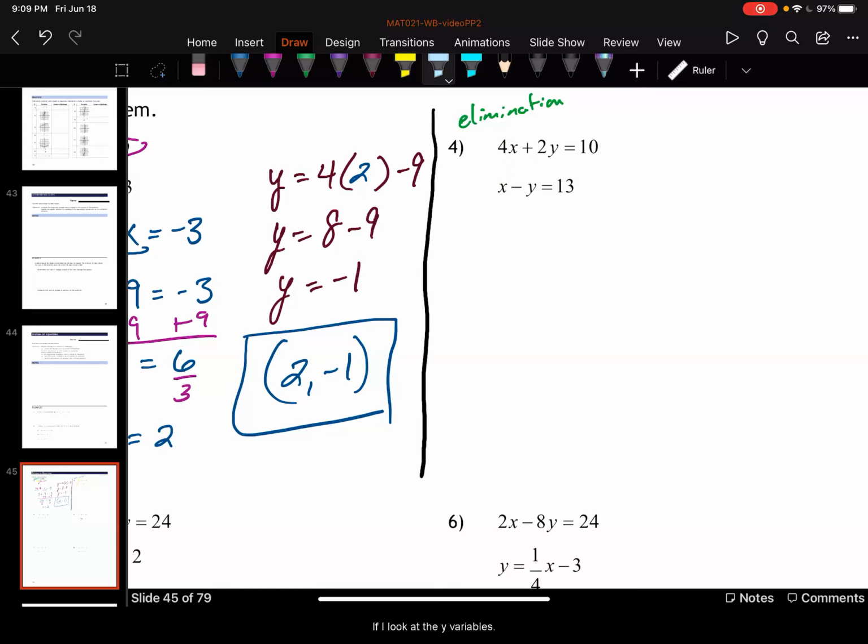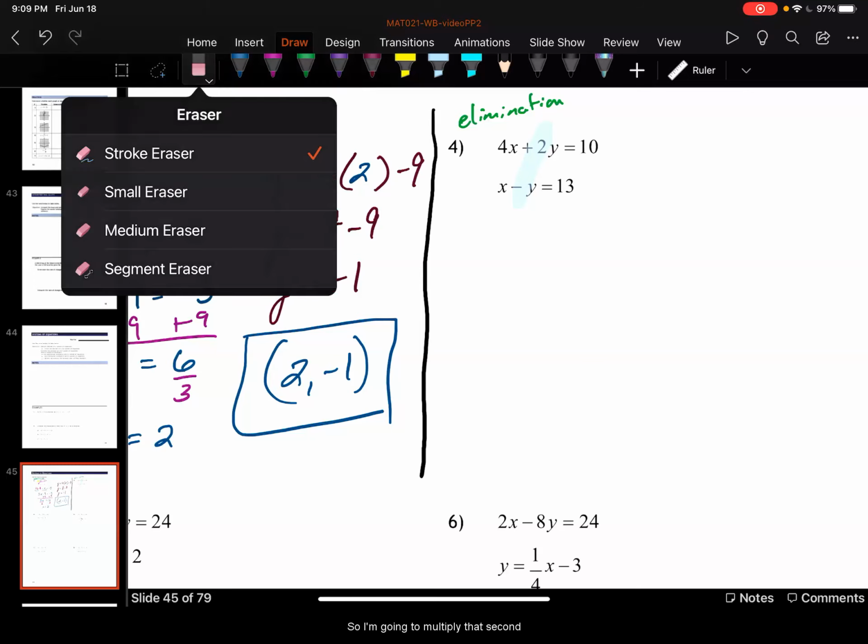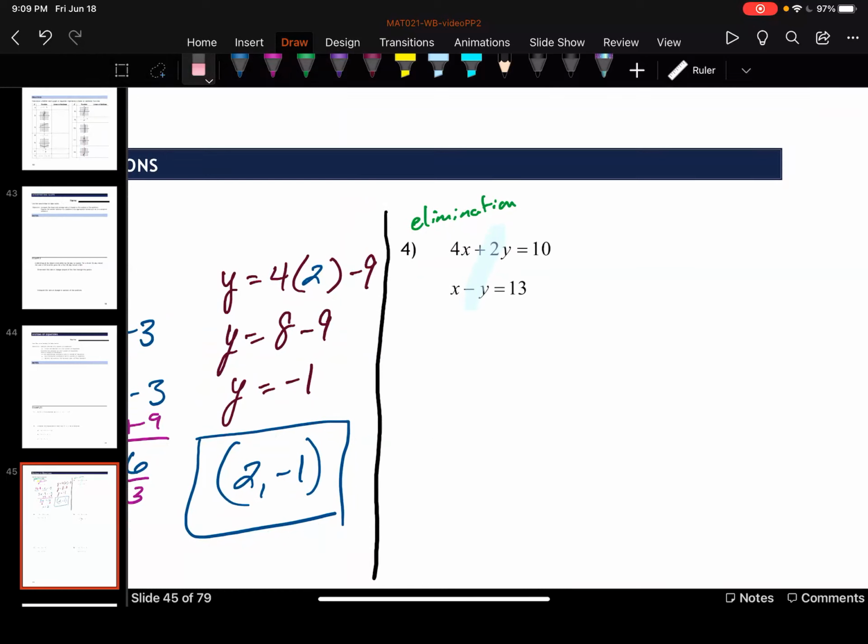If I look at the y variables, I could multiply through by 2. If I multiply by 2 and then combine my like terms, then the y variables would cancel out. I like doing that because then I don't have to multiply through by a negative number. So I'm going to multiply that second equation there by 2.